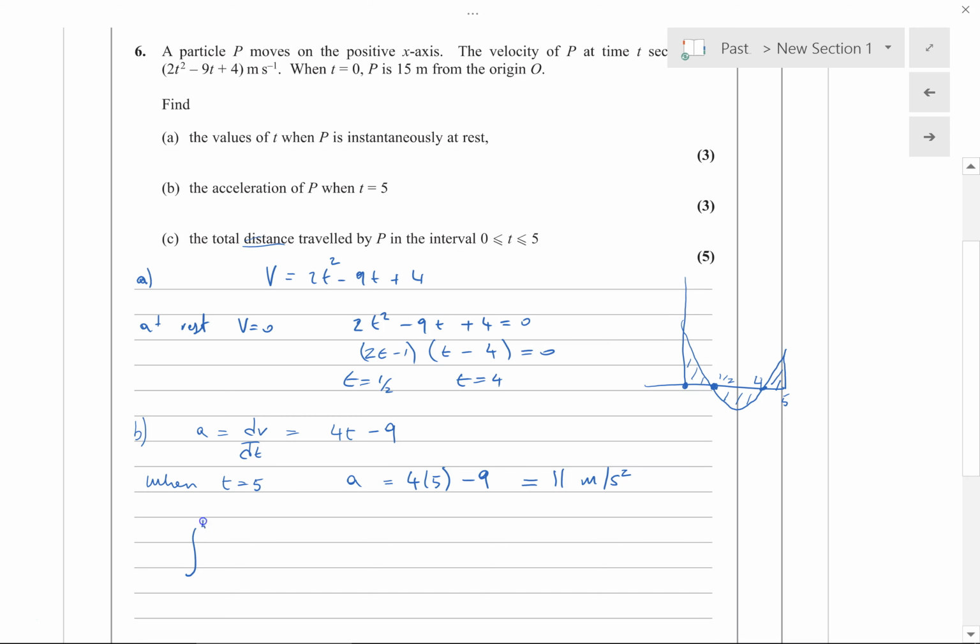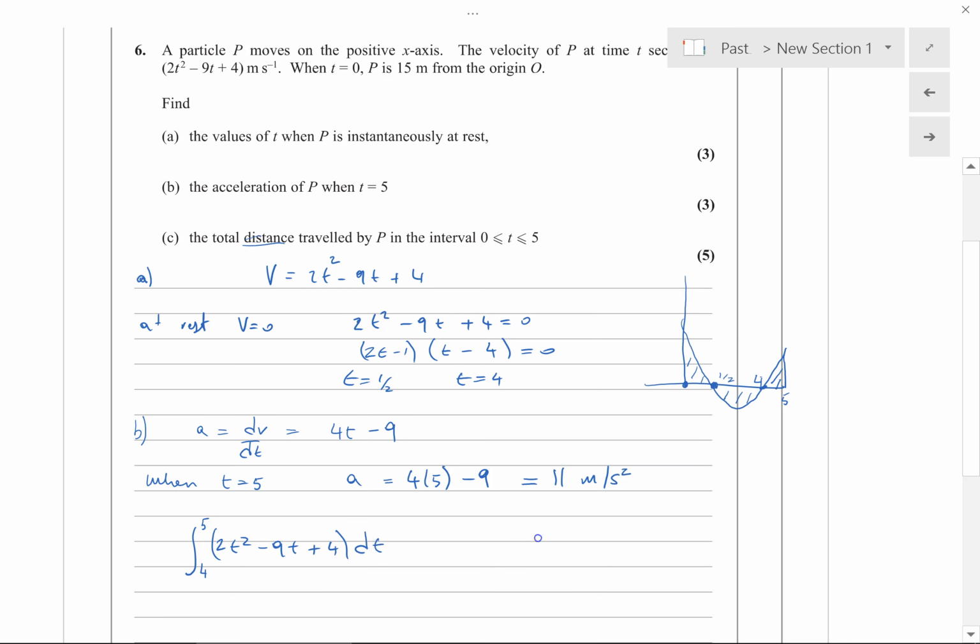For those of you who have taught in the past, you'll know I don't normally use limits in mechanics or differential equations questions, but here it just seems to be the way to go. So we're integrating this expression.